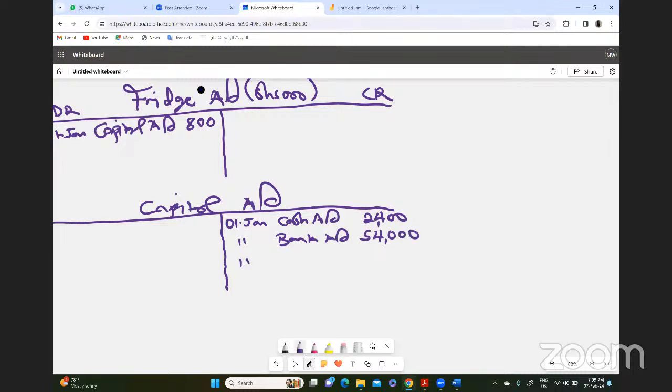And then on the same date, we are having the fridge. I think that is it, not so? Have we understood up to this point? That is how we post those entries into the ledgers. That's how we post them.